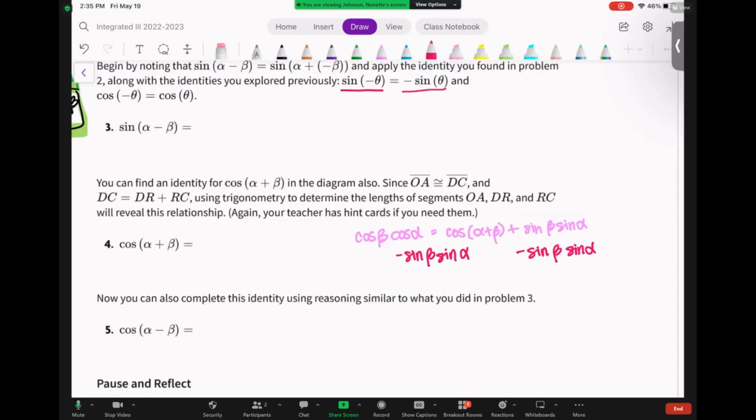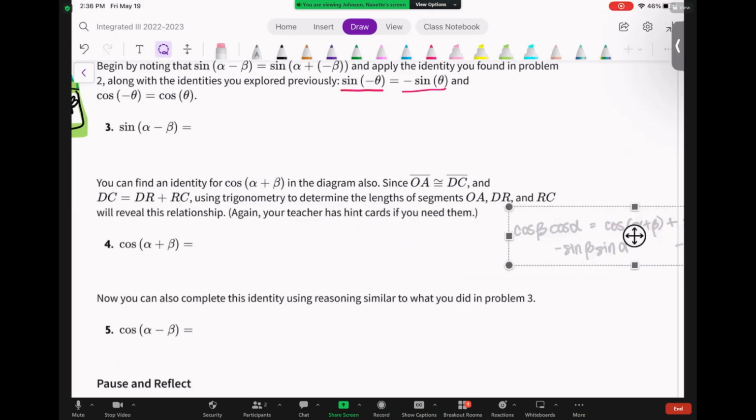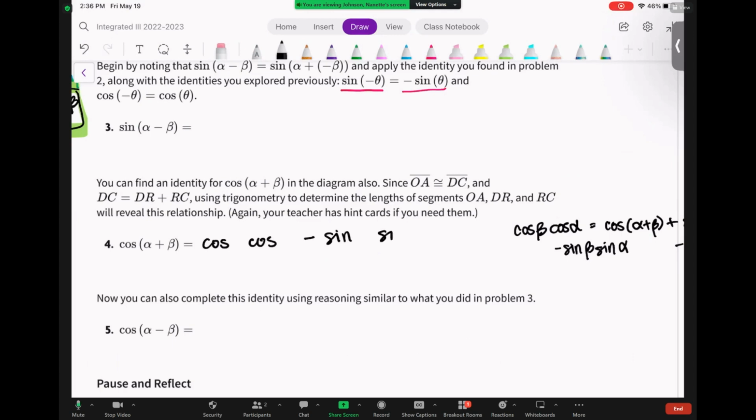So the way I write this, for sine, I say sine, cosine, cosine, sine. For cosine, I say cosine, cosine minus sine, sine. Let me move this over a little bit so that I have more room to write it. Okay, so this is going to be equal to cosine, cosine minus sine, sine.